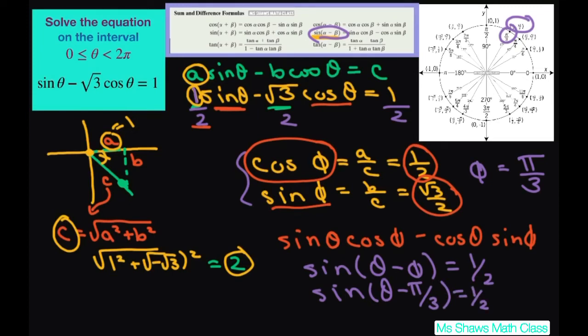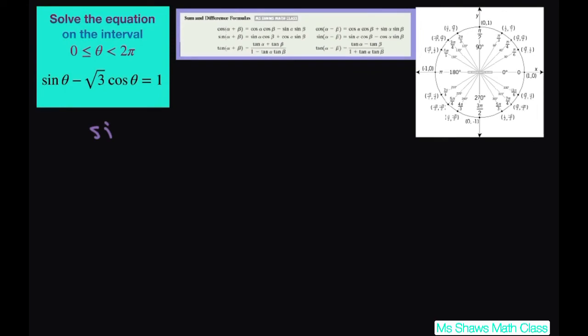And now we can solve where this is our argument. So we have sine of theta minus pi divided by 3 equals 1/2. Let's just let this be alpha now. Where is sine of alpha equal to 1/2?